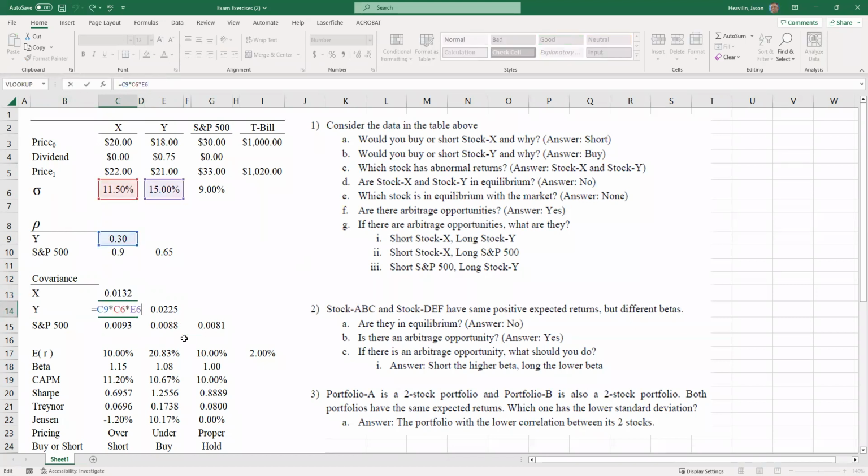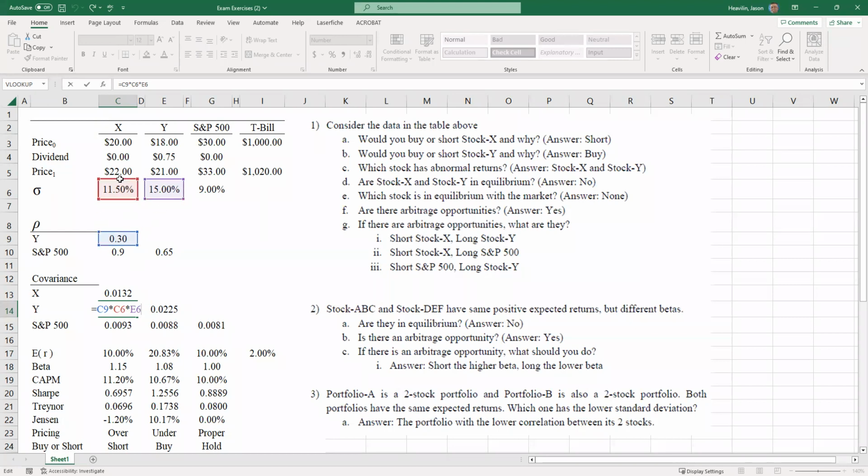Let me do it here. We take the correlation of Y and X, which is 0.3, times the standard deviation of asset X times the standard deviation of asset Y. So it's the standard deviation of asset 1 and asset 2 with a correlation between them.